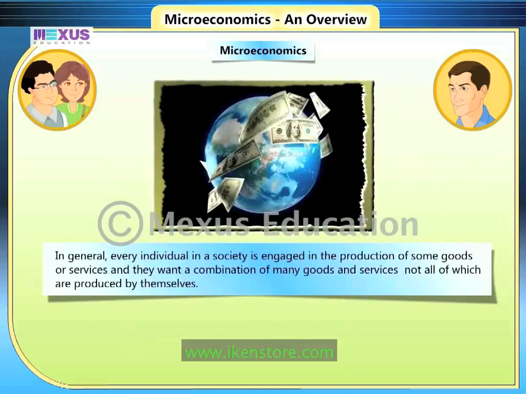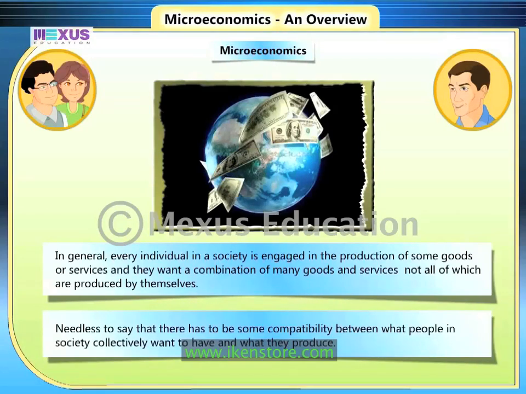In general, every individual in a society is engaged in the production of some goods or services, and she wants a combination of many goods and services, not all of which are produced by herself. Needless to say, there has to be some compatibility between what people in society collectively want to have and what they produce.